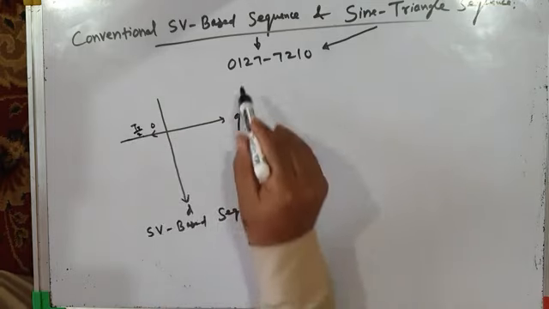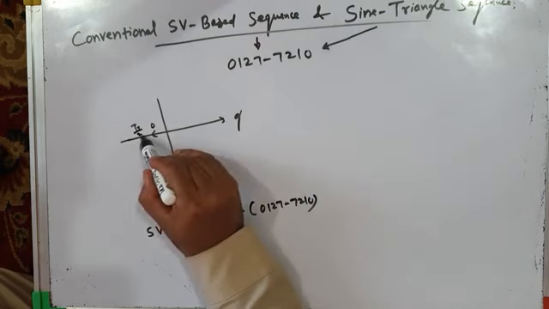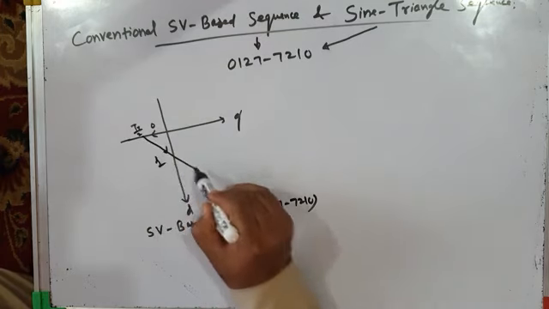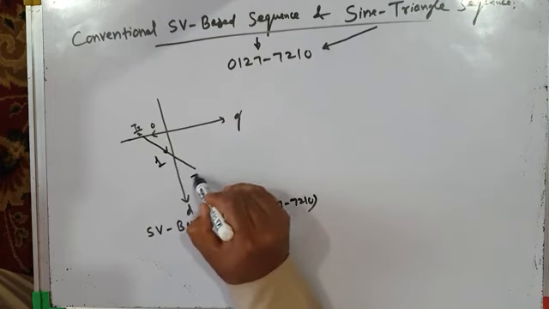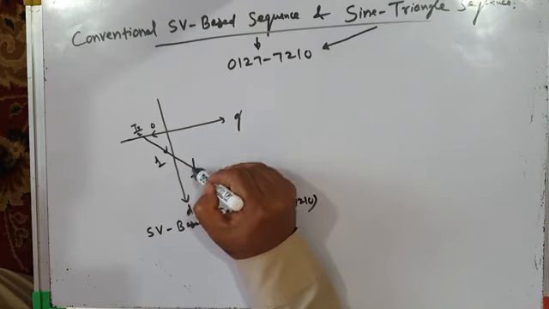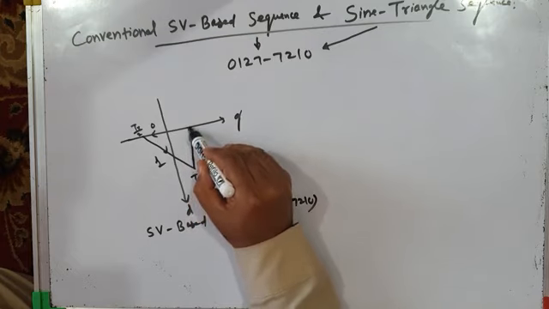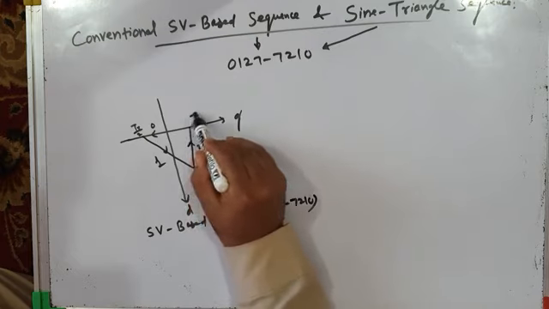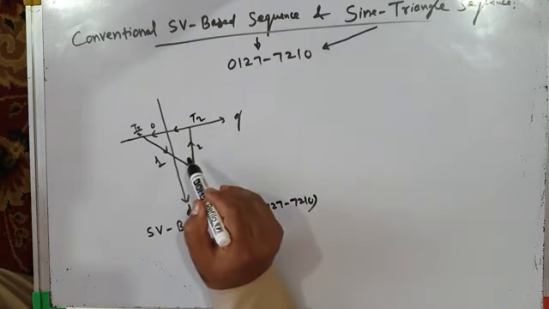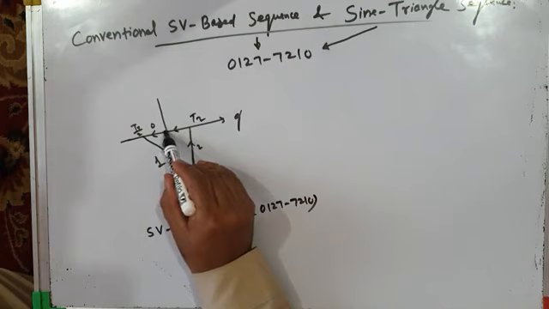Then active vector 1 is applied for time interval t1. Then active vector 2 is applied for time interval t2, and then null vector 7 is applied for time interval tz by 2 again, and then it comes back to origin.